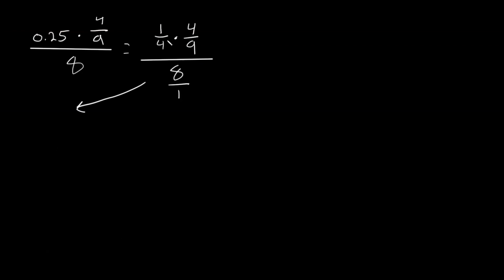So 1/4 times 4/9. Well, let's multiply numerators and denominators. So 4 times 1 is 4, and then 4 times 9 is 36. And we're dividing by 8/1. And remember, when we're dividing by a fraction, we can keep, change, flip. So we'll change this to a multiplication sign and then flip this to its reciprocal.